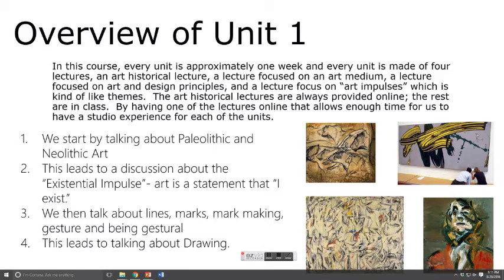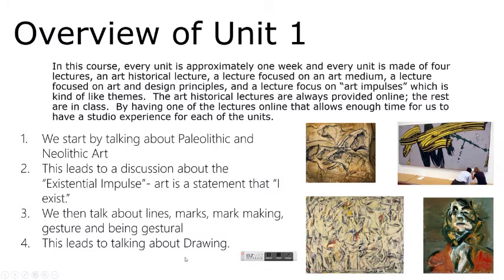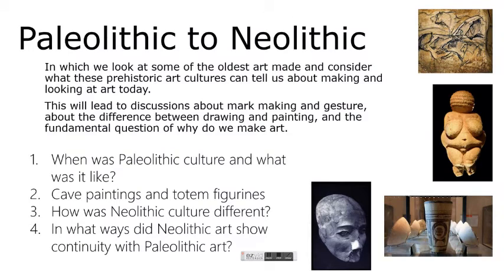Usually we talk about a design element and some design principles in that part, and then also something that I call an art impulse, which is similar to a theme but slightly different. Anyway, so this is Unit 1, and I thought I would just run through the title pages of each of the lectures to give you a sense of how all these different contents interrelate.